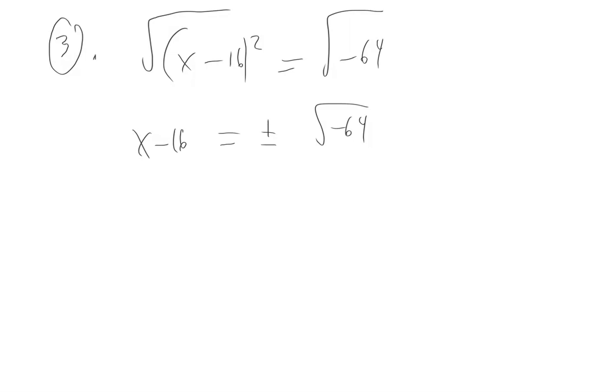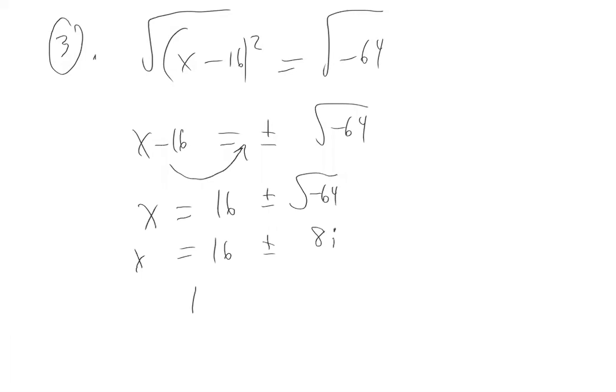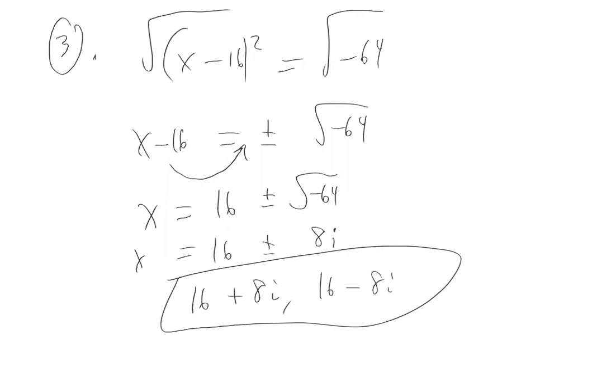Before we do that, let's move this negative 16 over. So we'll get x equals positive 16 plus or minus the square root of negative 64. The square root of 64 is 8, so the square root of negative 64 will be 8i. And there are 2 answers, so we need to write them separately. So it's either 16 plus 8i or 16 minus 8i. Those are the 2 answers.